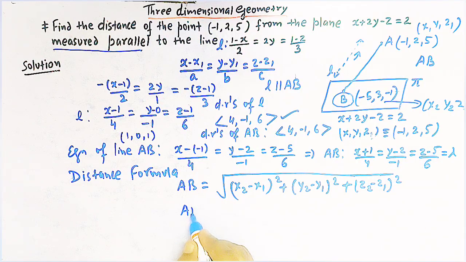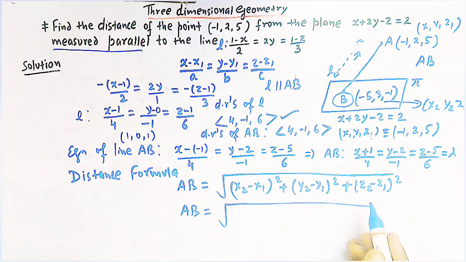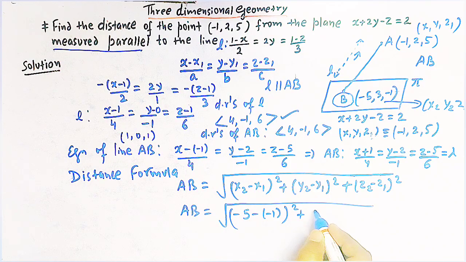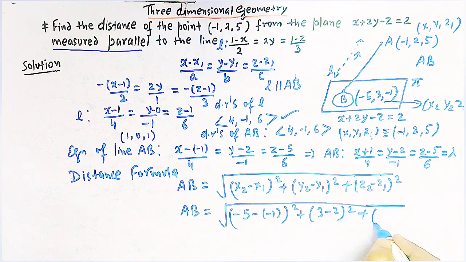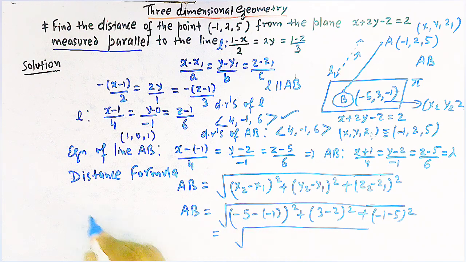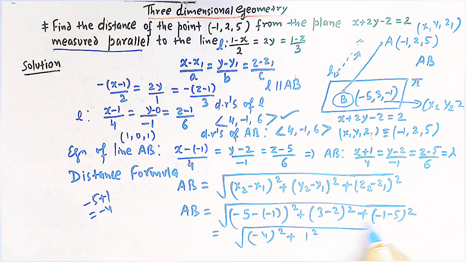So now the distance AB is given by x2 minus x1, so we have (minus 5 minus minus 1) square, then we have (3 minus 2) square, and then we have (minus 1 minus 5) square. So we can now write here this is minus 5 plus 1, so we have minus 4 and (minus 4) square. Here we have 1 square and here we have (minus 6) square.